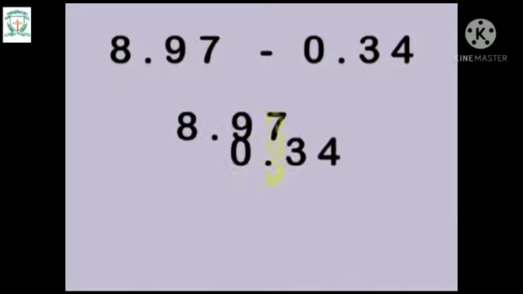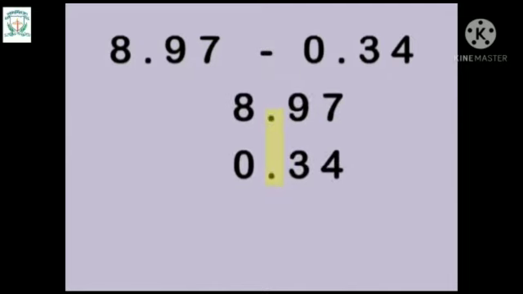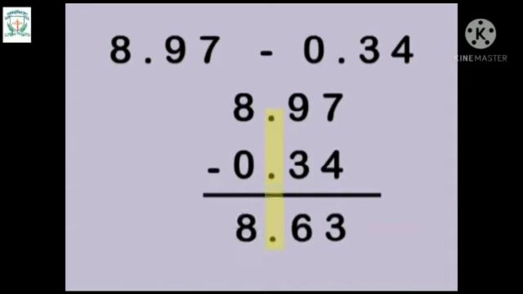These are like decimals. 7 minus 4 is equal to 3. 9 minus 3 is equal to 6 and 8 minus 0 is equal to 8. Hence, the difference of 8.97 and 0.34 is equal to 8.63.